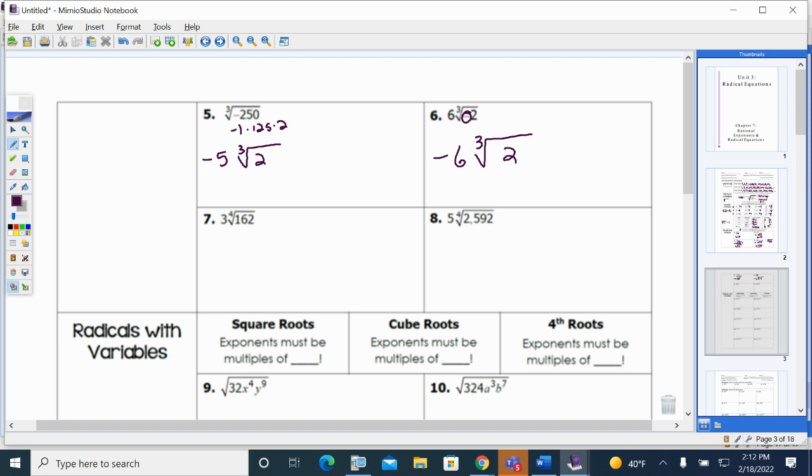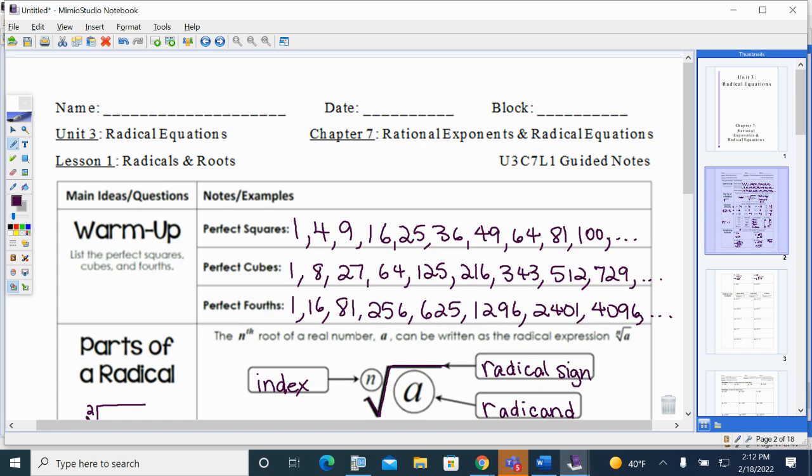Number 7, I've got 3 times the 4th root of 162. So here again, those of you that are trying to do this mentally, this is where it starts getting more and more difficult, is I'm trying to find now all the perfect fourths that are a factor of 162. So then I've got to go back to this list of perfect fourths and start dividing those out.